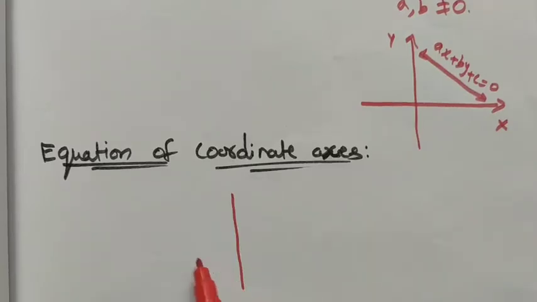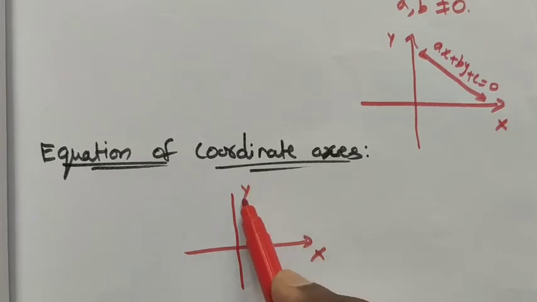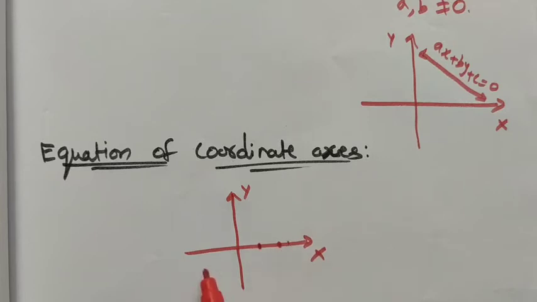This is the line x, y. If a point lies on the x-axis, we can say y is equal to 0.